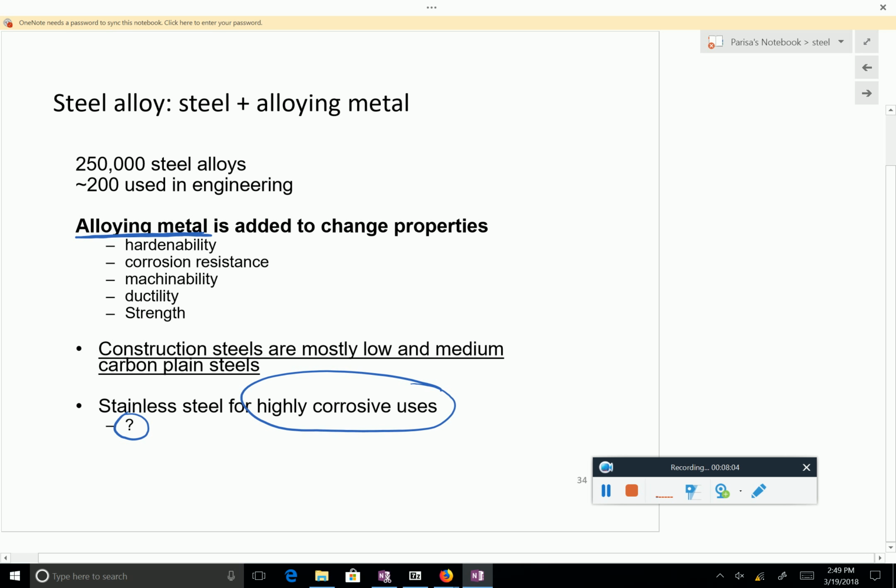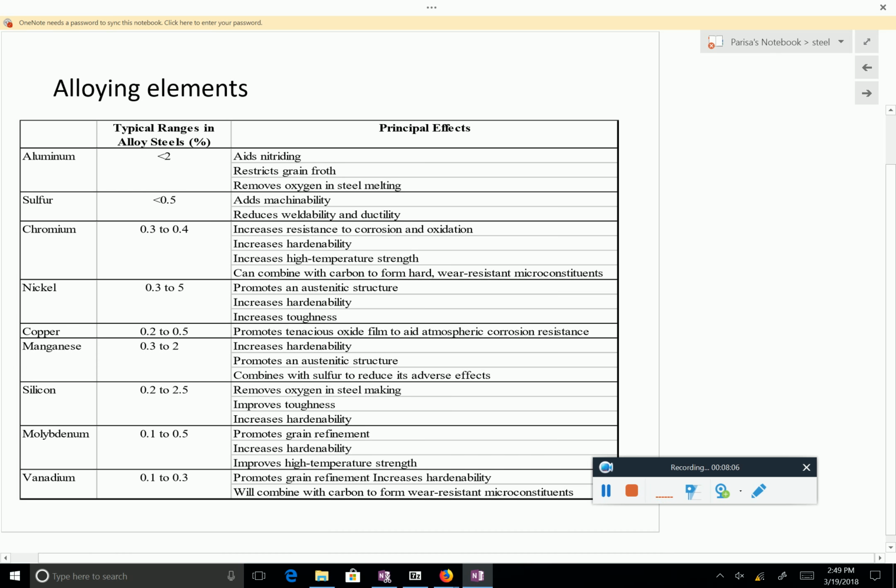So what element would you choose from this table to make, for example, the steel corrosion resistant? Copper? Chromium. Oh, okay. This also works. Yeah, why not? Atmospheric corrosion resistant, because normally we use chromium, so I actually didn't see this. Yeah, so for example, chromium or copper. Here, chromium is more typical.